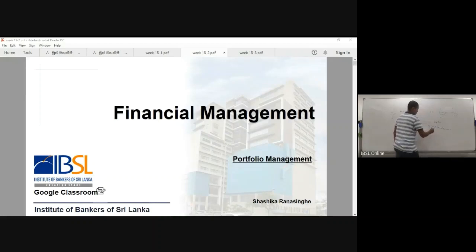Then you can have HTM portfolio or rating, or even an OCI portfolio. Remember IFRS 9? Metals, you can have gold, silver, platinum, and all that.